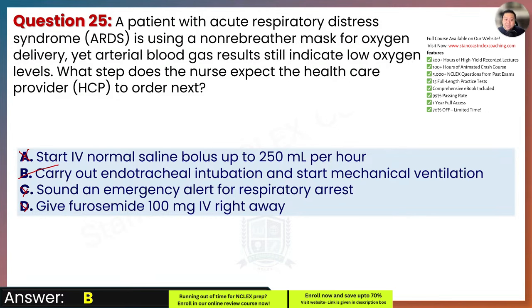We know that furosemide could help with reducing the fluid in some situations, but it does not directly address the hypoxemia caused by the ARDS. So in this case, ventilation support would be the higher priority rather than addressing the fluid status and giving the diuretics.